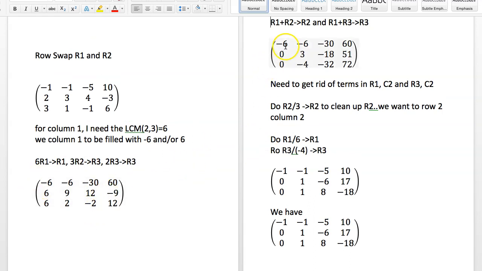Now, I add row 1 to row 2, and I get, well, -6 and +6 give you a 0. Here's where you don't have a choice. You add row 1 and row 2. You might ask, could I have done my own negatives, maybe multiplied row 2 by a negative?